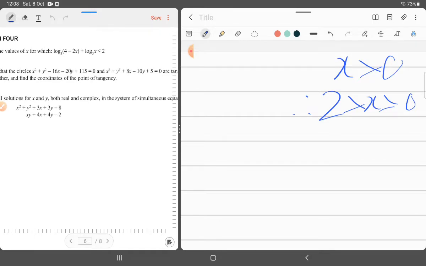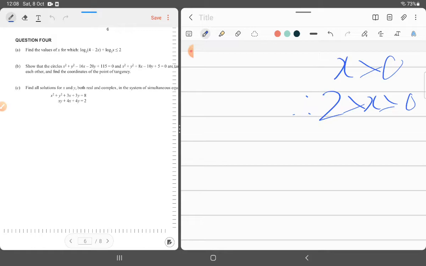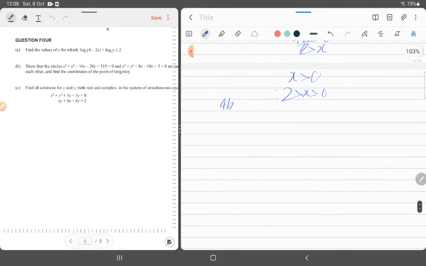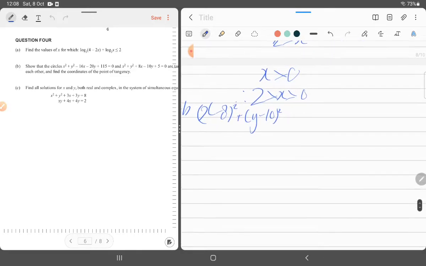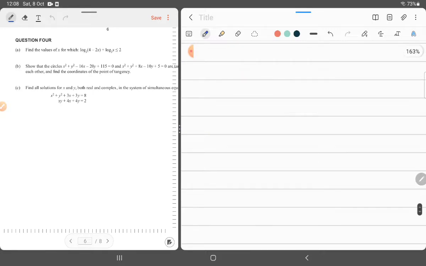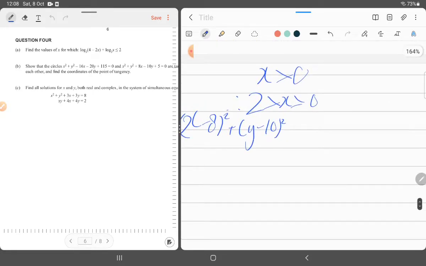Okay, so question 4b: show that x squared plus y squared take away... Let's get those into circle form. y take away 2 squared, 115 is equal to 164.